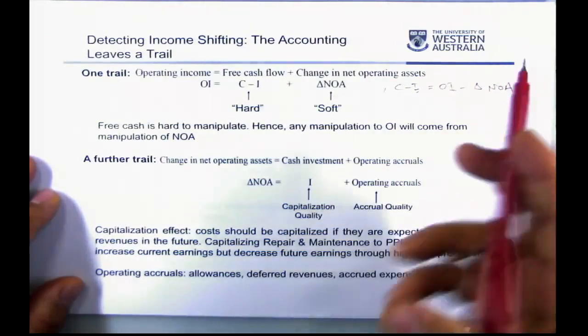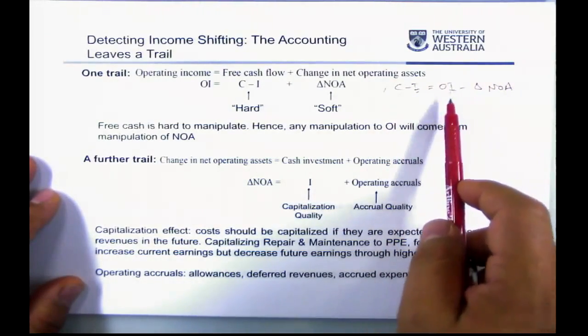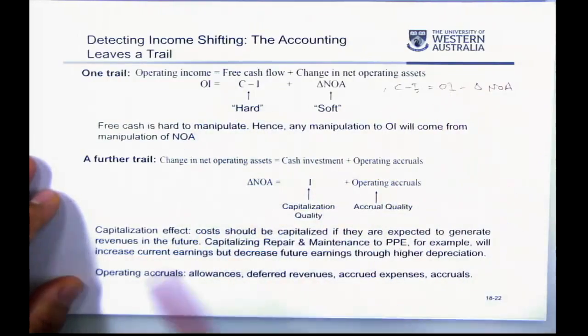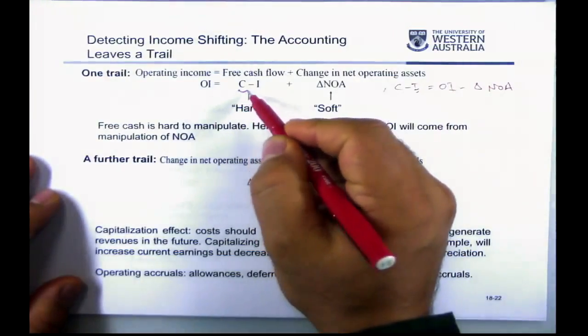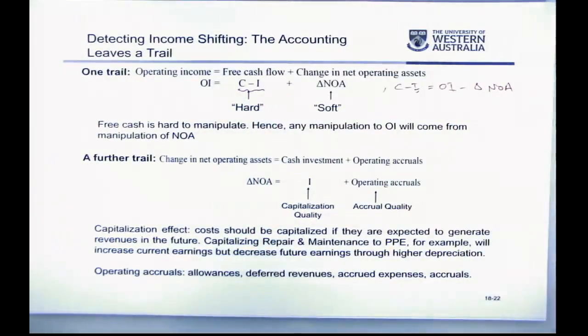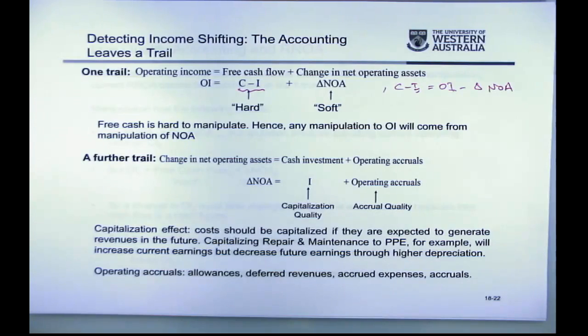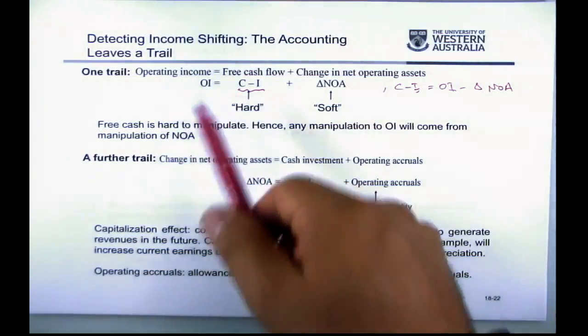Just rearrange the formula for the operating income, and you get this one. Remember that C minus I is a true and real cash figure. So this one cannot be manipulated in order to improve the operating income. It can be affected to increase or reduce the cash, but it cannot be manipulated to affect the income.